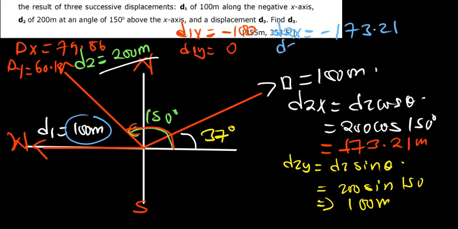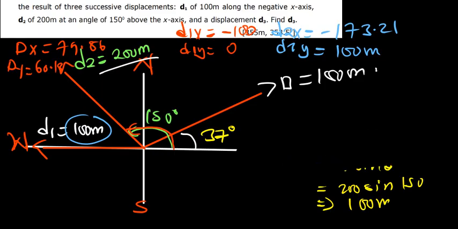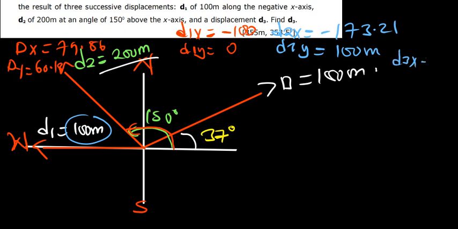Then d2y to be equal to 100 meters. Now our goal is to find d3. So d3 we also don't know d3x, we also don't know d3y, the components. So we have to find first the components and then we find the magnitude.